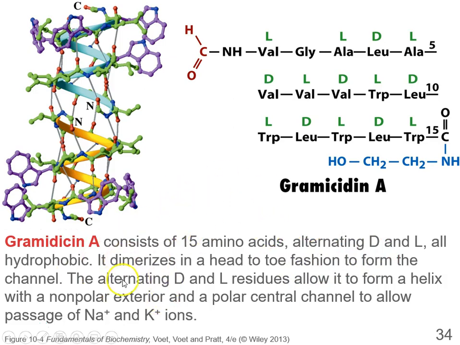That's something we don't see in humans. And then it dimerizes in a head-to-toe fashion, and that forms the channel. So you form a helix that we don't normally see in mammalian cells. It has a nonpolar exterior, so that it's able to interact with the phospholipids of the membrane, and a polar central channel, and this one does allow both sodium and potassium ions to pass through.